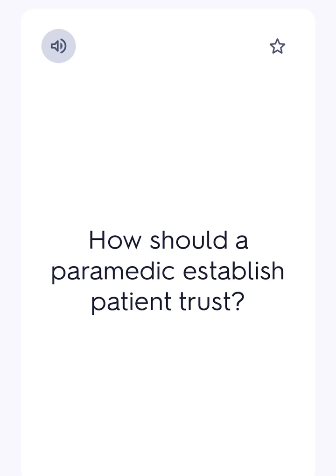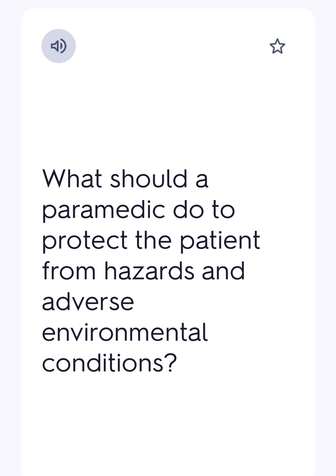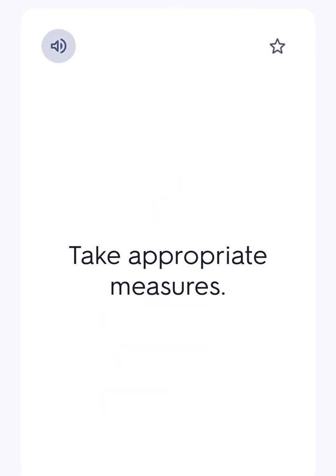How should a paramedic establish patient trust? Use proper, effective communication techniques. What should a paramedic do to protect the patient from hazards and adverse environmental conditions? Take appropriate measures.